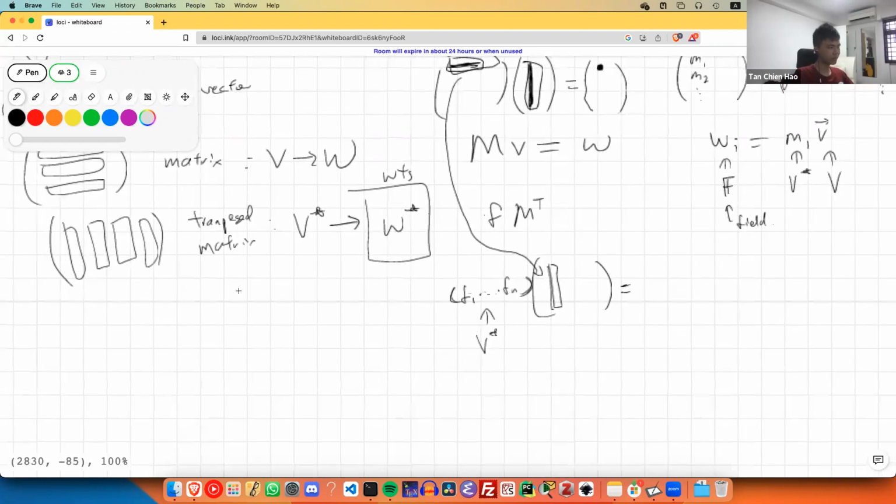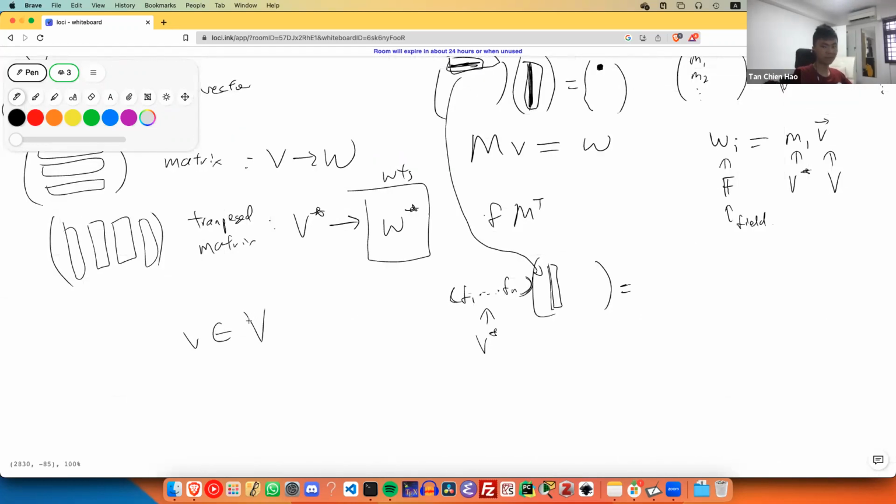Okay, how about this? Given the vector v in the vector space V, we can think of the components of v as a column vector, correct? These are numbers v1 to vn.